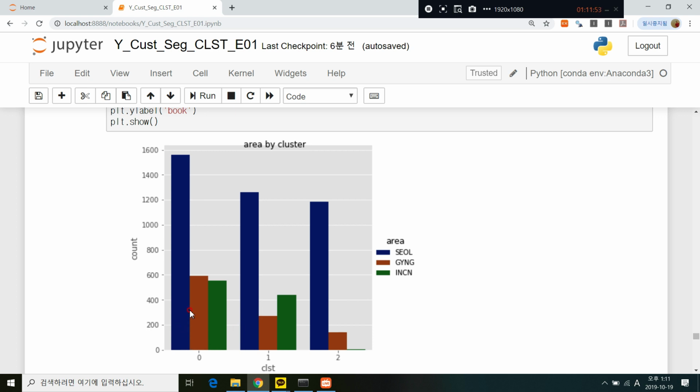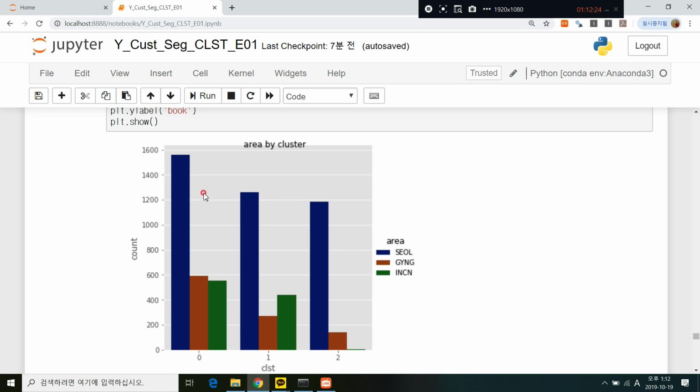So this group, cluster 0, has many customers who live here, but let's compare with group 2, cluster 2. Incheon actually, it's hard to find anybody who lives in Incheon in group number 2.